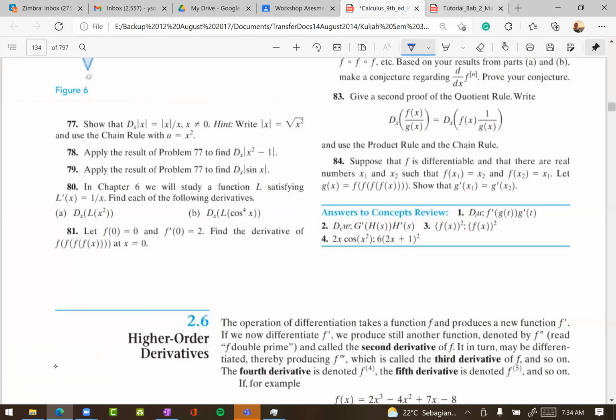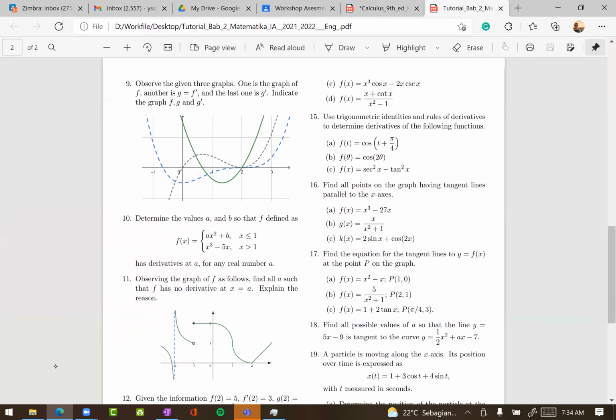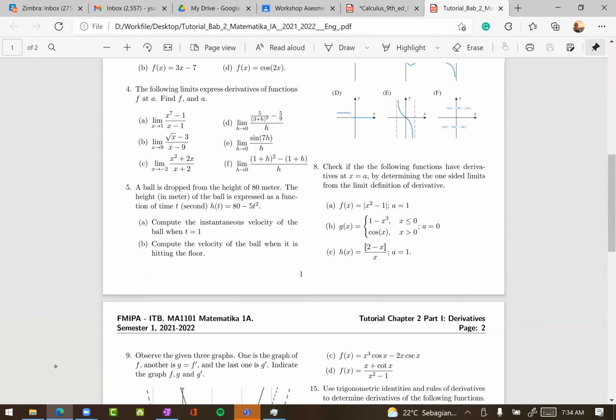What I would like to show you is this. Can you see this one? This is for the next tutorial from this chapter.